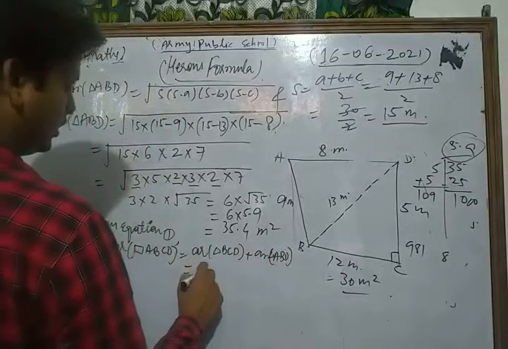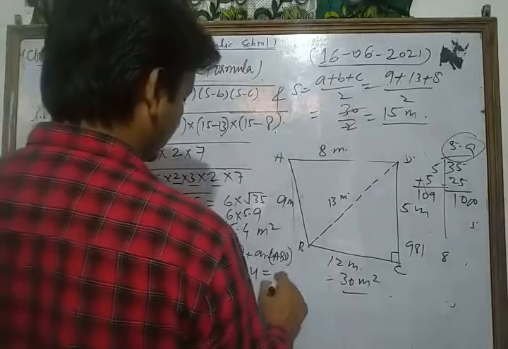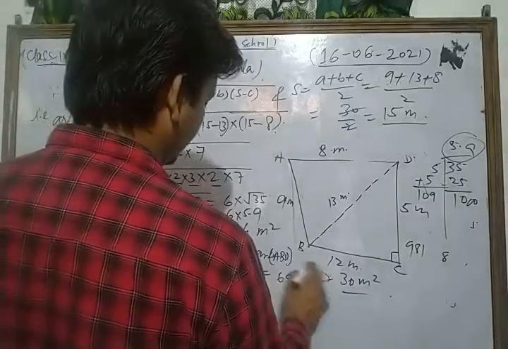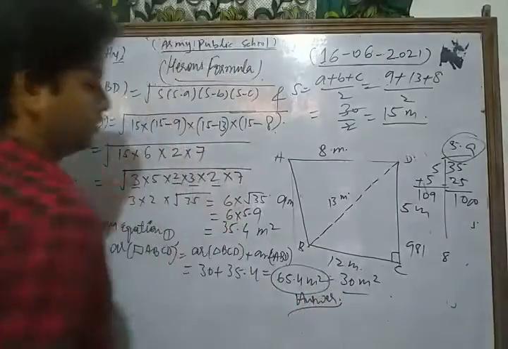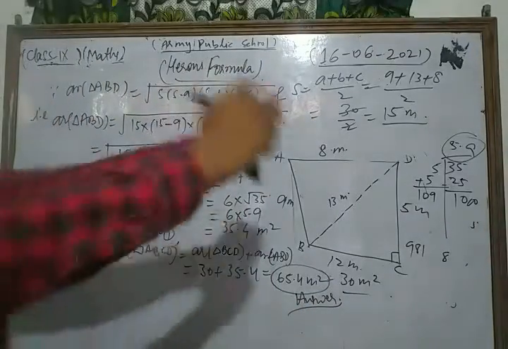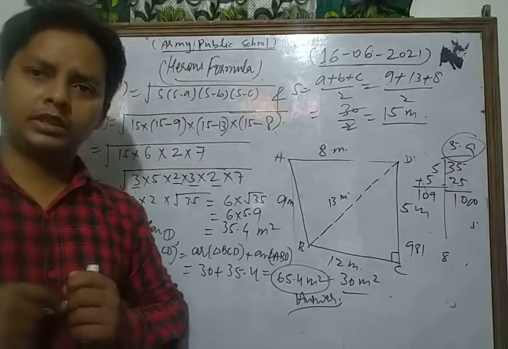So we have 30 plus 35.4. This is 65.4 meter square. This is the required solution of the given question.